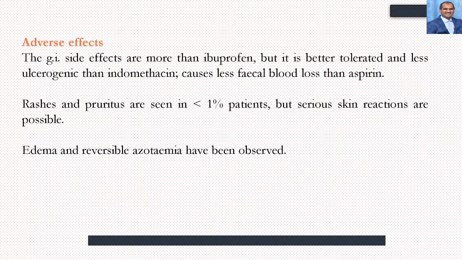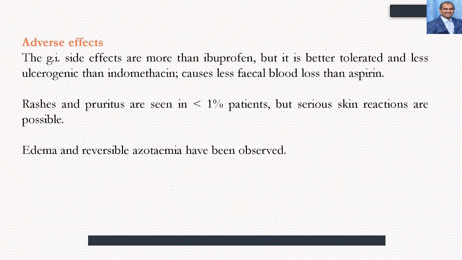And adverse effects, as usual, it is very common that the GI side effects are more than ibuprofen, means it is a potent GI ulcerogenic agent, but it is better tolerated and less ulcerogenic than indomethacin and causes less fecal blood loss than aspirin.